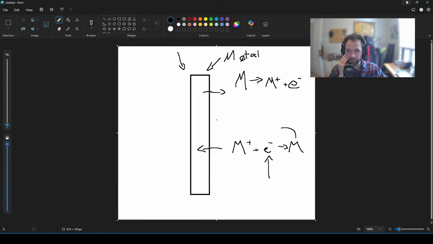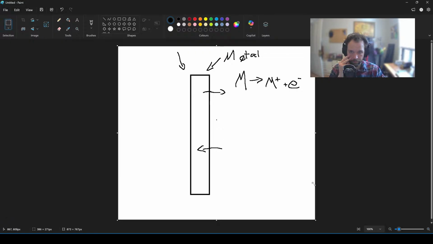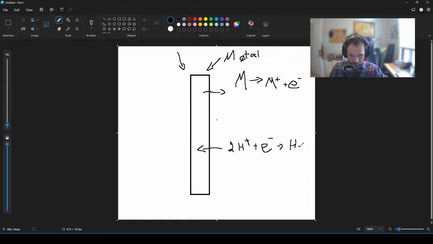But essentially, in a corrosion reaction, you have this reaction taking place. The metal turns into an ion, and then you have some sort of coupled reduction reaction. This is typically something like hydrogen: 2 hydrogen ions reduce with 2 electrons to produce hydrogen gas.